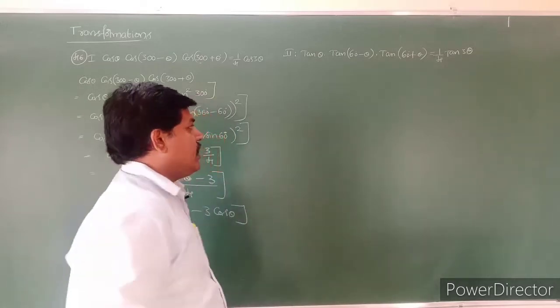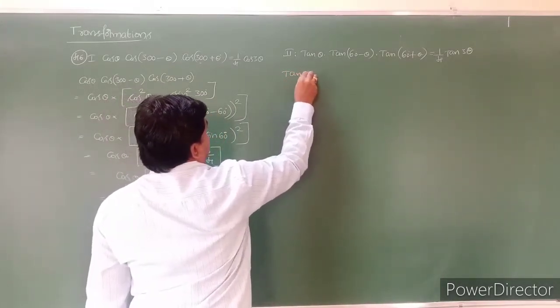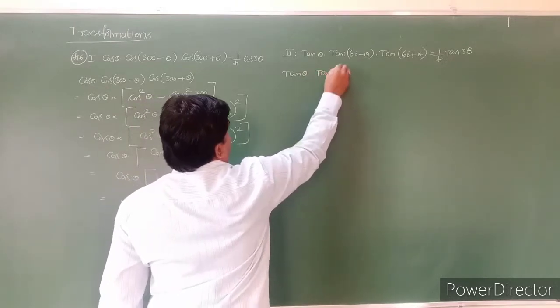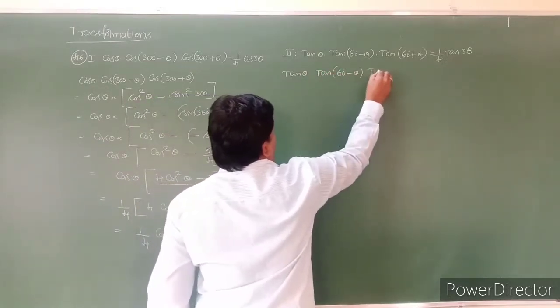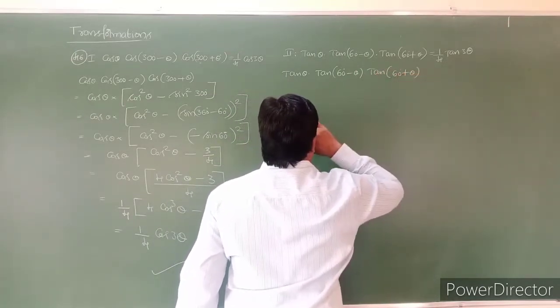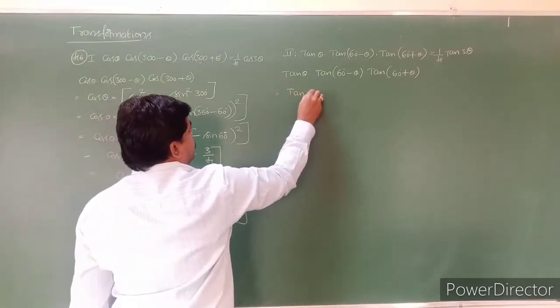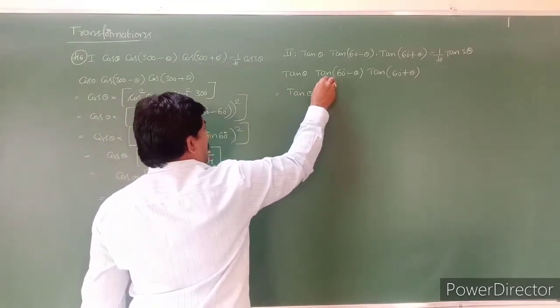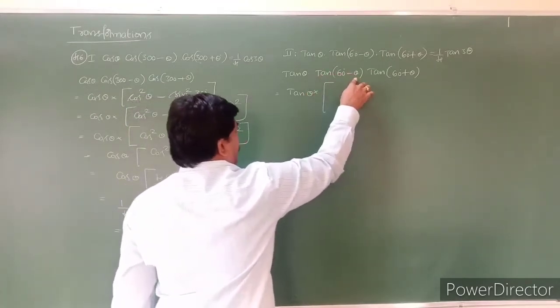We will check that condition here. I will take that first. What will I take? Tan theta, tan 60 minus theta, tan 60 plus theta. So that is equal to tan theta into, so already I know the formula, tan of a minus b.